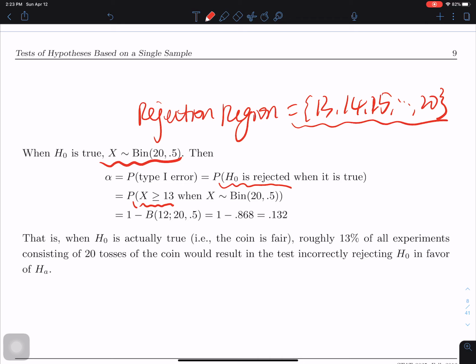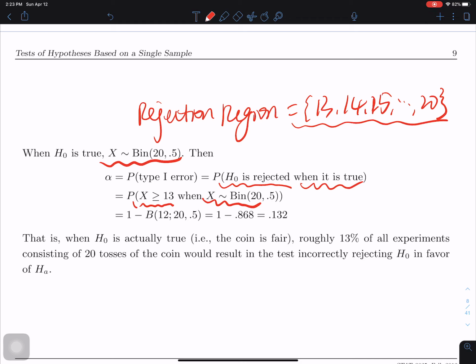So we would like to examine the probability that x is greater than or equal to 13 when x follows a binomial distribution with parameters 20 and 0.5.